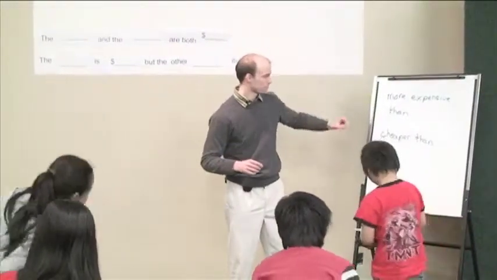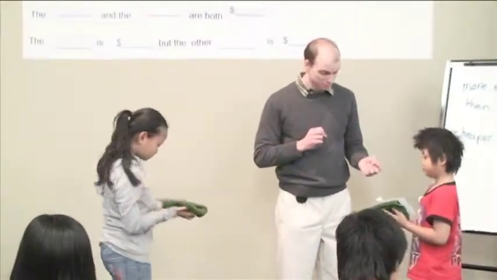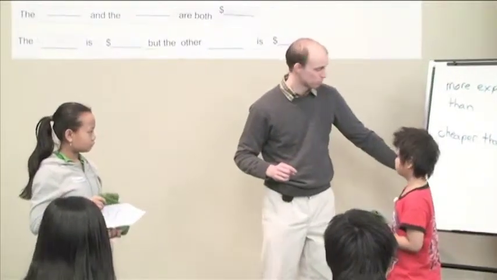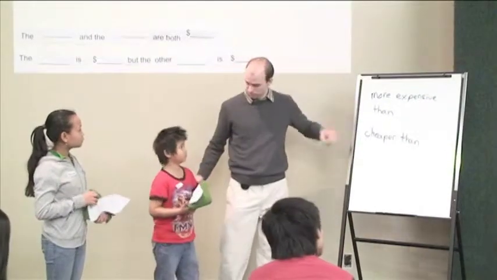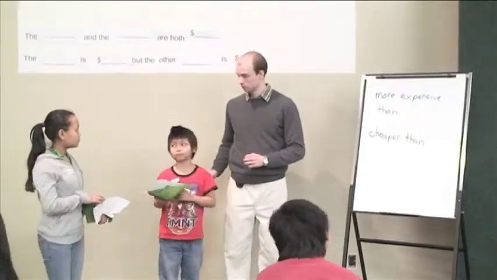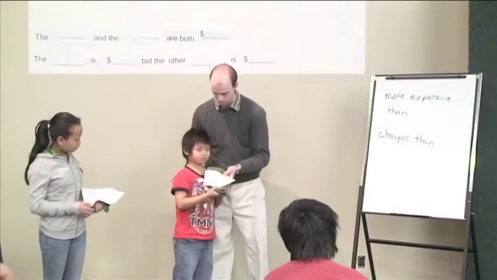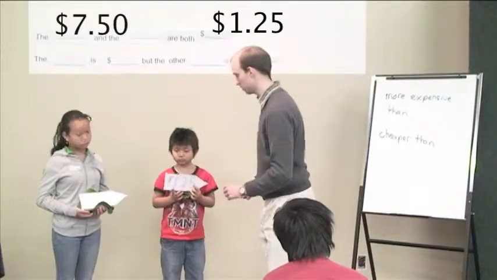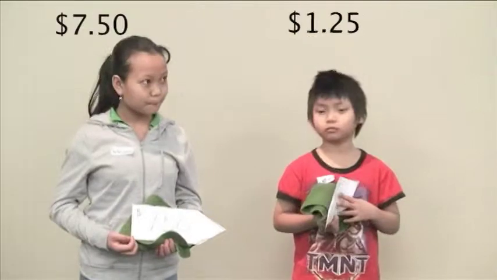If I want to say that one towel is more expensive than another one, where would you stand for this board? Can you hold up to the camera? We have 125 and we have 750. So which one is more expensive? The one that Sablu has.